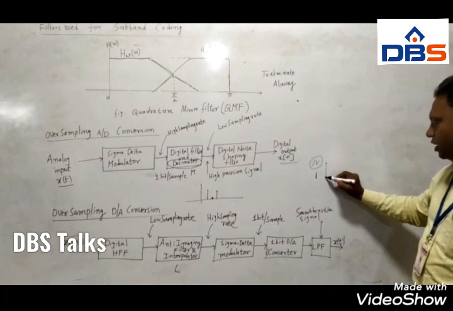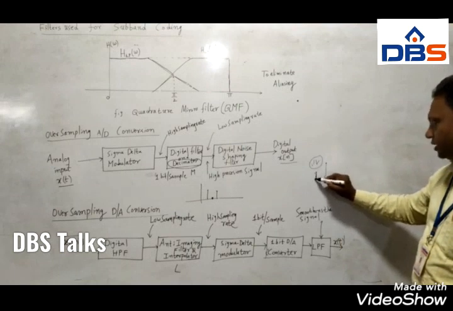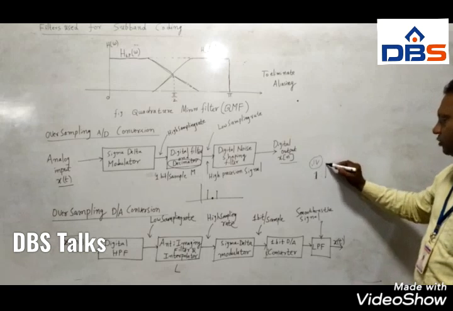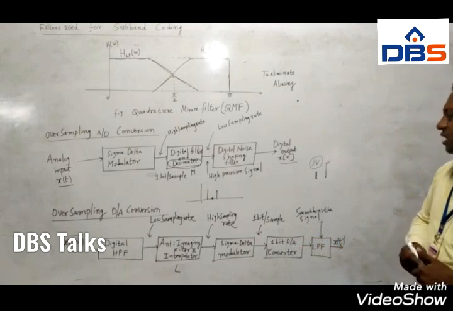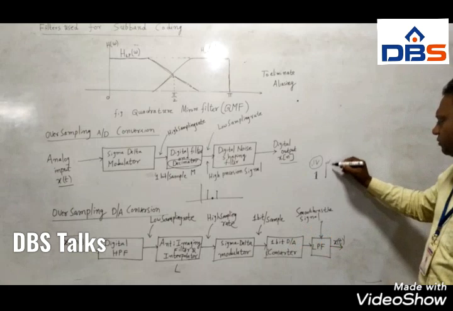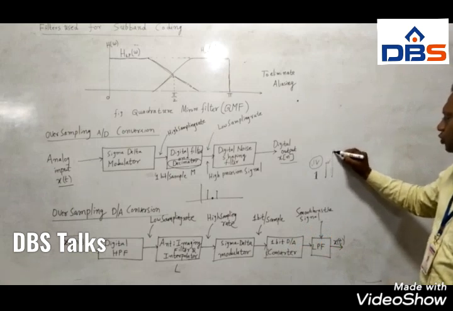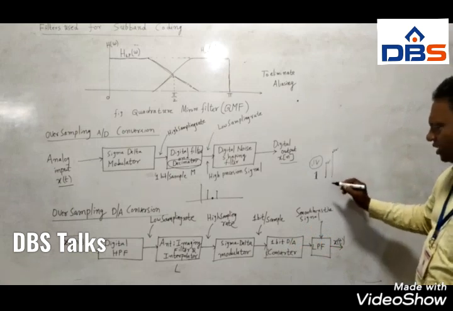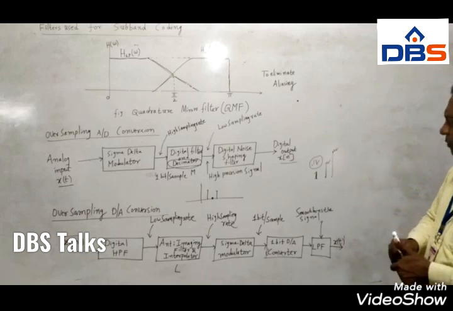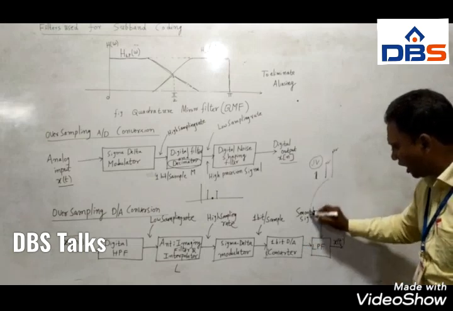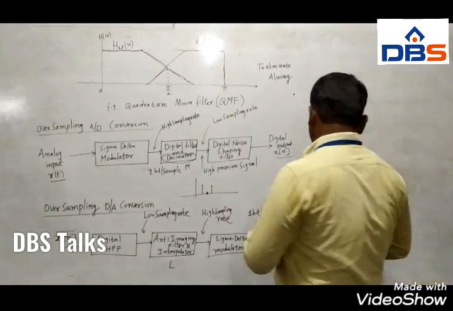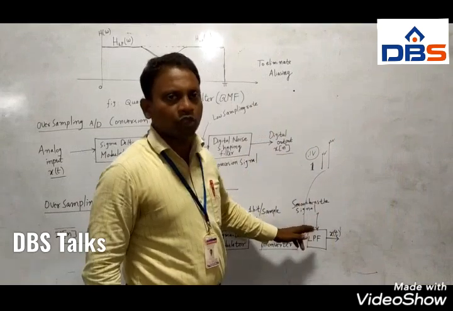A binary bit 1 is converted into a sample of amplitude 1 volt by using this 1 bit digital to analog converter, and after that we will have continuously 1 volt, 2 volts, 3 volts, 0.5 volts, whatever the sample amplitude may be, and those samples you will get here.